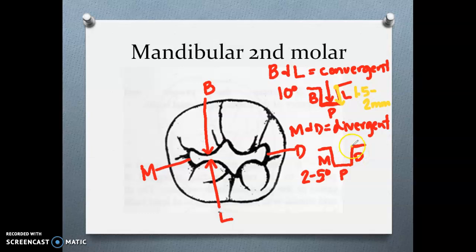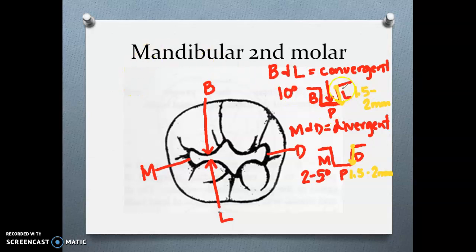Again, from the cavosurface margin, 1.5 to 2 millimeters. Okay, so that will be the depth of your pulpal floor. The pulpal floor should be smooth and flat.